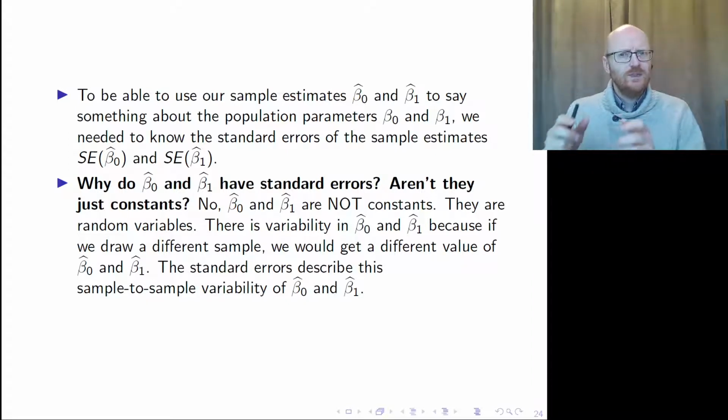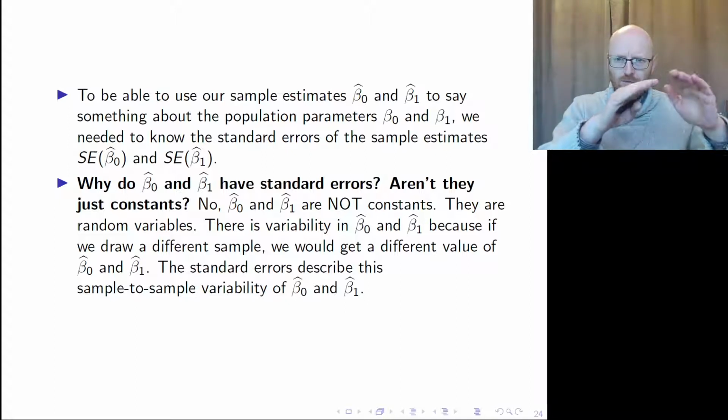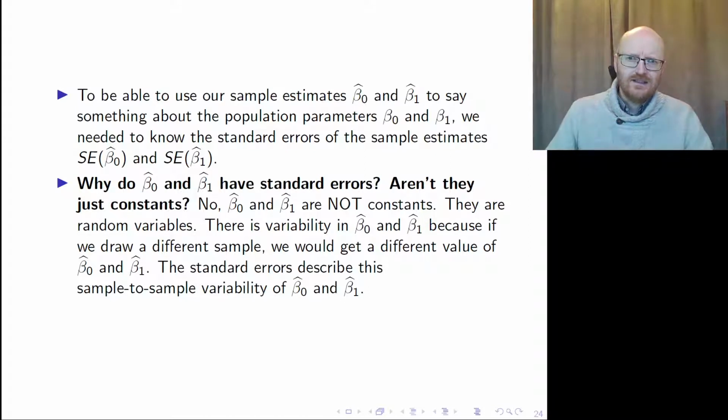So whenever we take new data from the population, we will get some estimate of the slope and the intercept, and we can record these and form a histogram of our estimates, and the more estimates we have, the more normally distributed this histogram would look.